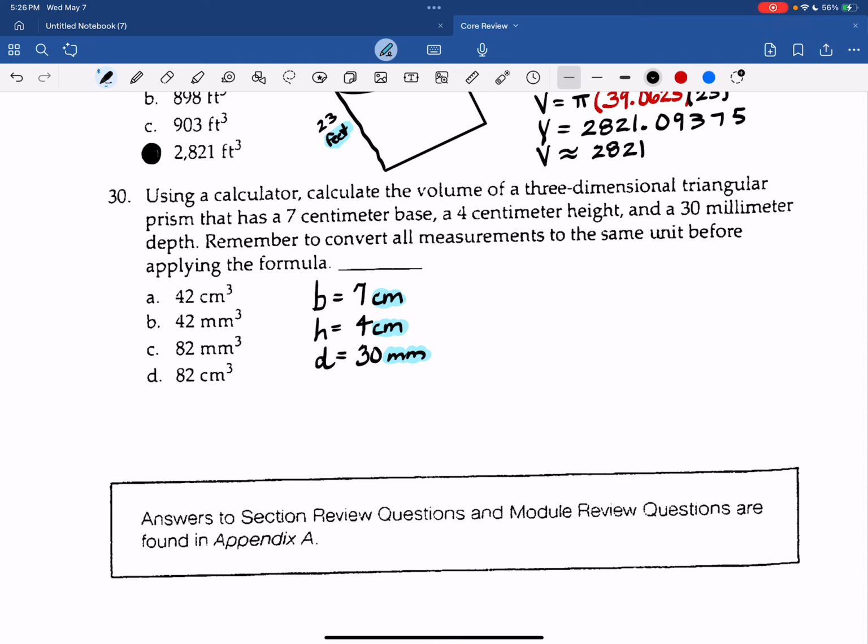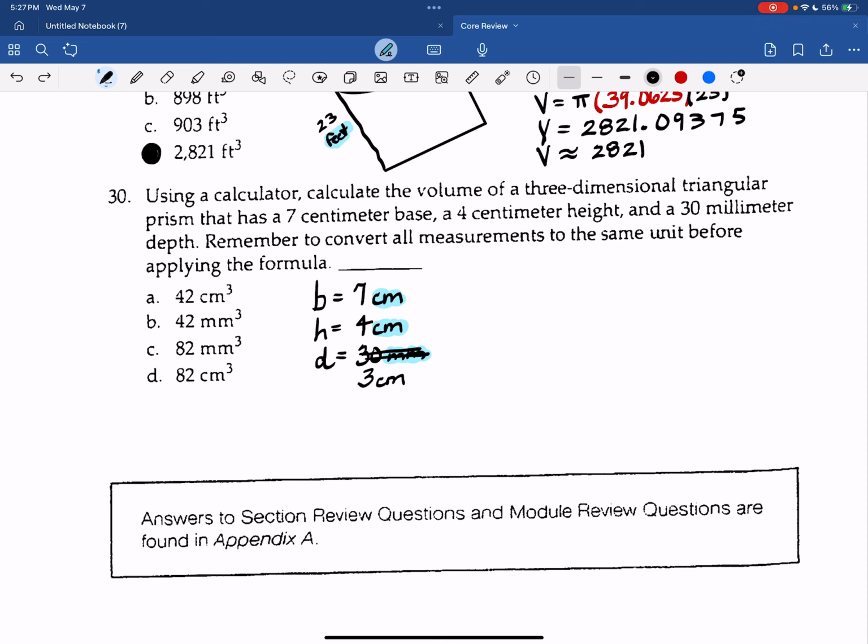We need to either go to all centimeters or all millimeters. And I'm going to go to centimeters because usually that's what works. If that doesn't work, then we'll have to go back and convert. So I know that there are 10 millimeters per centimeter, so this is going to be 30 divided by 10, and that would be 3.